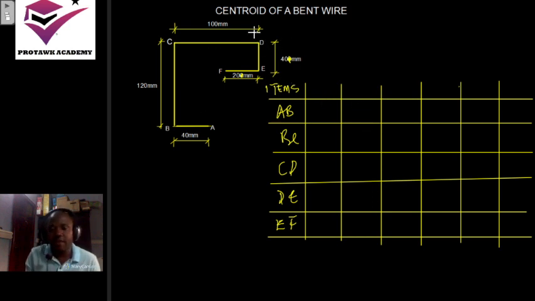The next thing we have to write out here is the dimensions, because we don't have a thickness. No thickness was given to us, so our thickness is equal to 0.